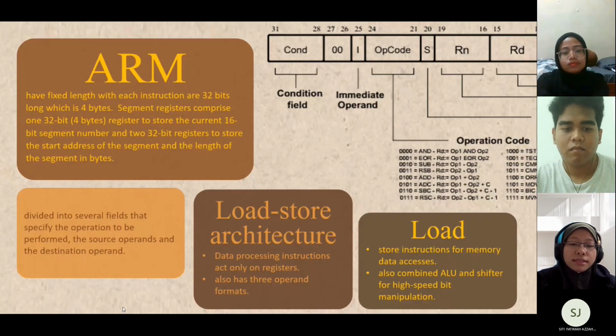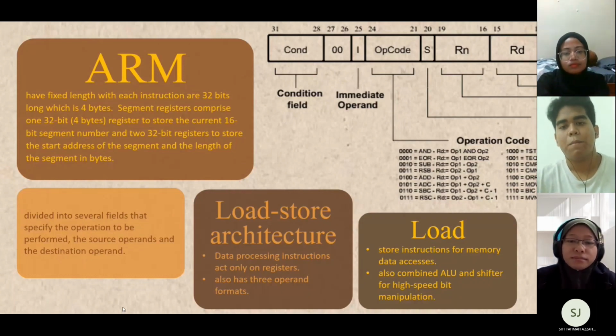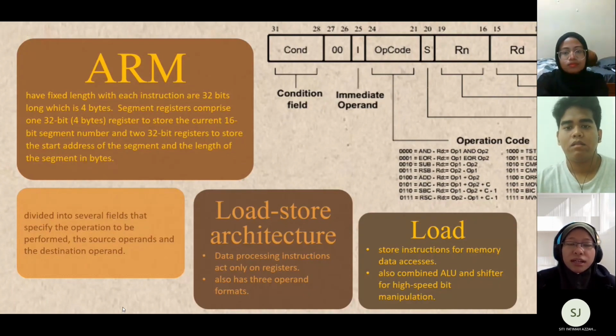This load store architecture has three operand formats. Load and store instructions are for memory data access. It also combines the ALU, which is the arithmetic logic unit, and a shifter for high speed bit manipulation.